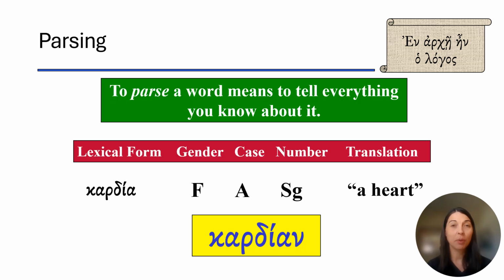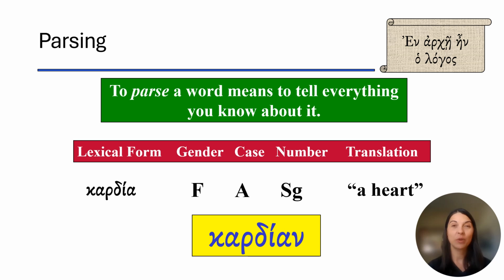And let's look a little more at what parsing is. If you're asked to parse a word, it means tell us what you know about this word. So you'll need to start getting familiar with the terms lexical form, gender, case, number, translation. So the lexical form of a word is the nominative singular form that you will be given in all of your vocabulary. The gender is the masculine, feminine, or neuter of the word.